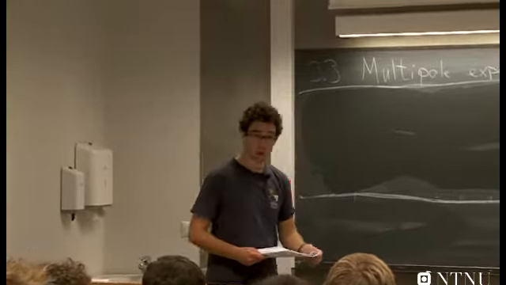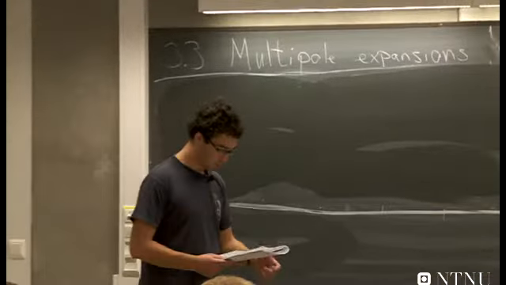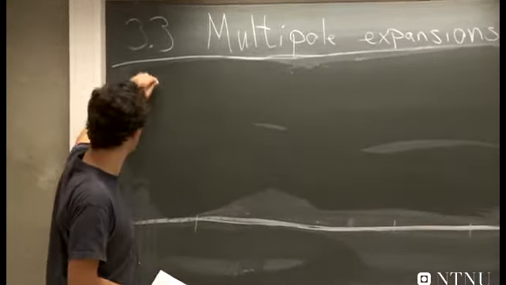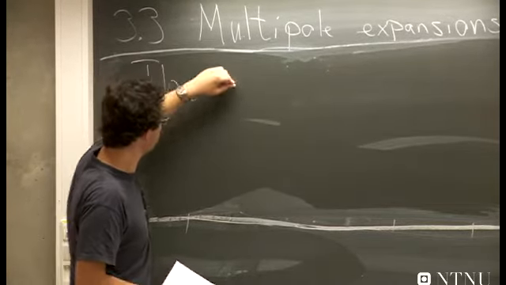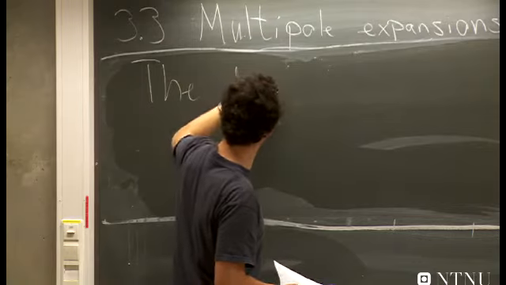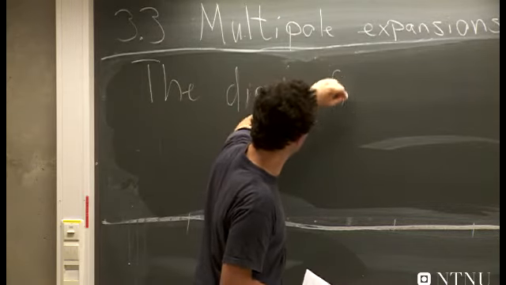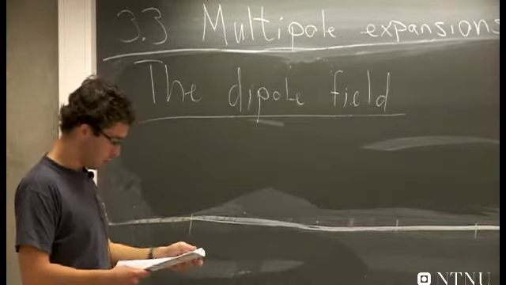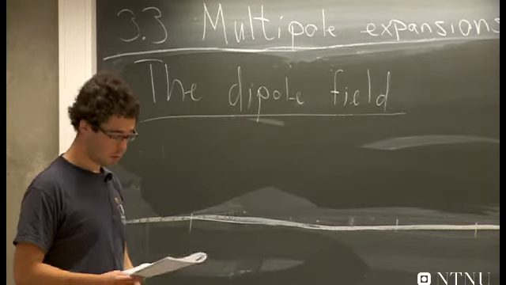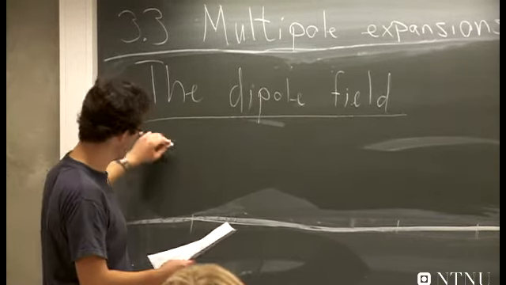So as an example, I'm just going to show you a bit more details about the dipole field. We know the potential because I showed you in the previous lecture.